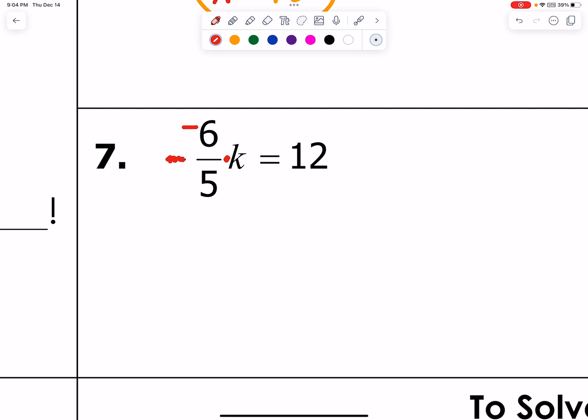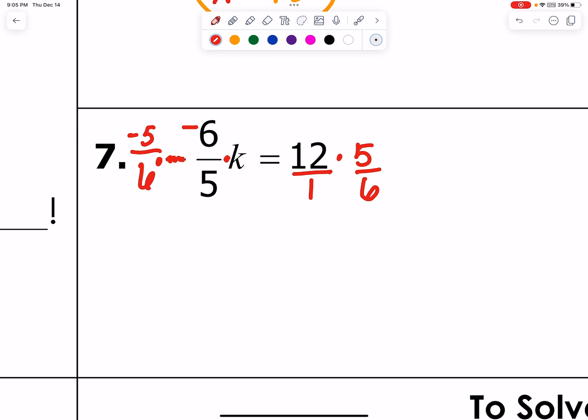We're going to get rid of a multiply, we divide by -6/5, but we don't divide by fractions. What do we do, everyone? We multiply by the reciprocal. All right, so I'm going to quickly multiply by -5/6 to both sides. And I'm going to make this 12 over 1 to visually help me do the work. Okay.